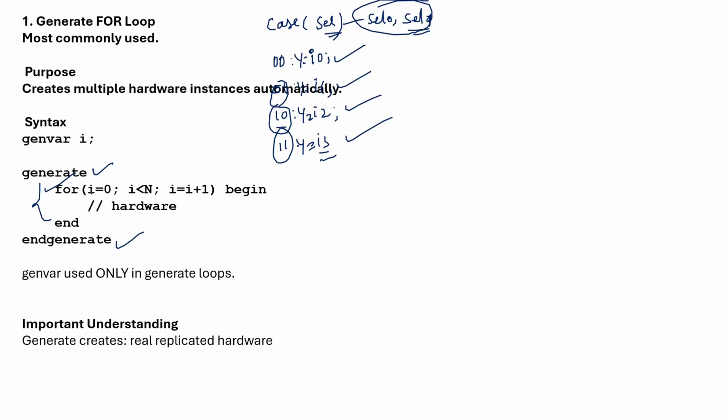See, I have explained one thing. What is the difference between integer and int in the data types? Int is also a 32-bit data type, integer is also a 32-bit data type.